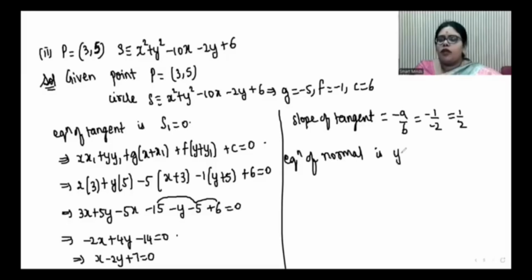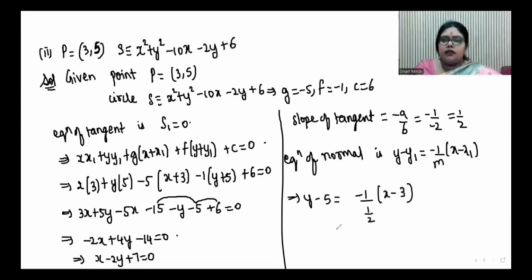The equation of normal formula is y minus y1 is equal to minus 1 by m into (x minus x1). So y minus y1, which is 5, is equal to minus 1 by m, m is 1 by 2, into (x minus x1, which is 3). Now this will become y minus 5 is equal to minus 2 into (x minus 3).